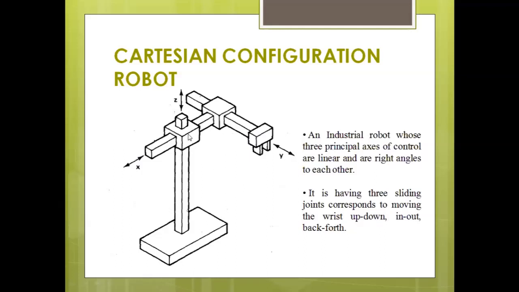First linear joint is up and down with respect to the vertical spindle, that is the z-axis. Second is in and out with respect to the x-axis. Third one is back and forth with respect to the y-axis. By this motion, we are generating a rectangular work envelope.